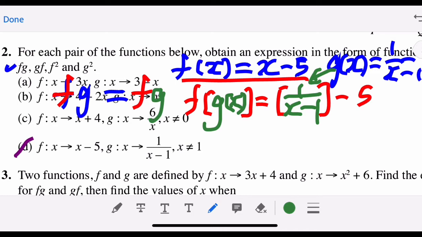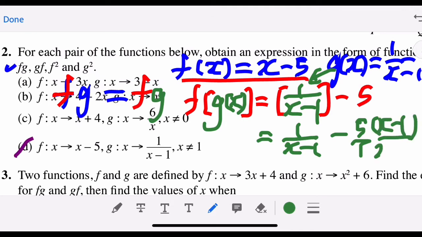So you have to make the denominator the same, like this, minus 5 over 1. So you will have to write x minus 1 over x minus 1. Then you simplify to the simplest form, and you will get the simplest answer.